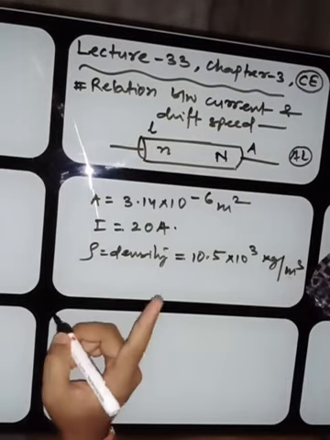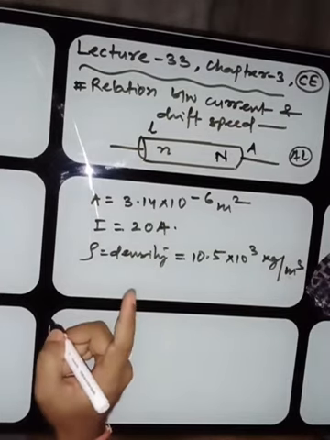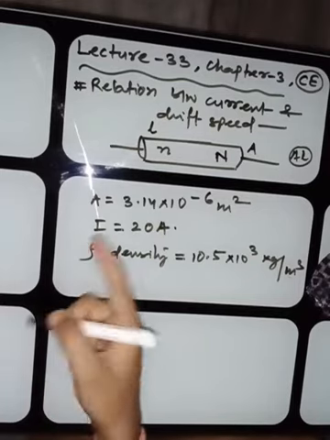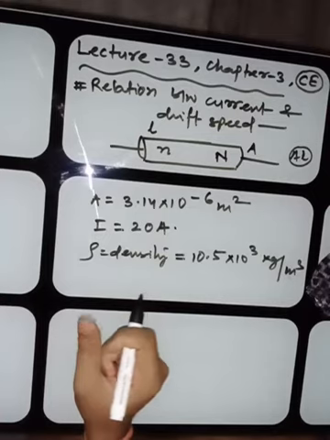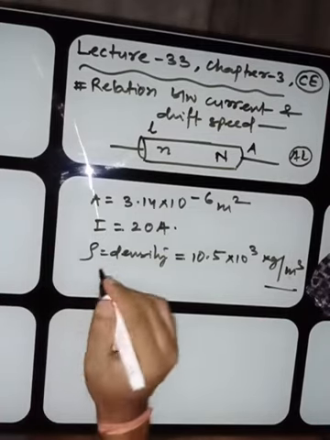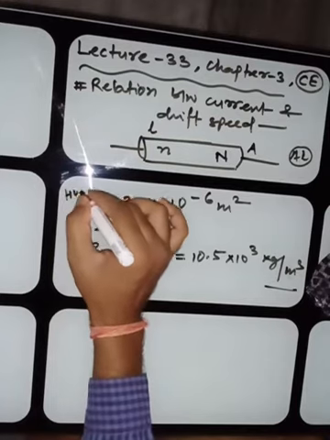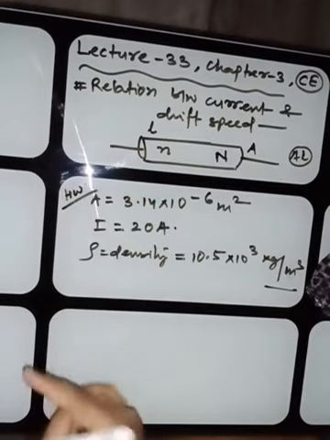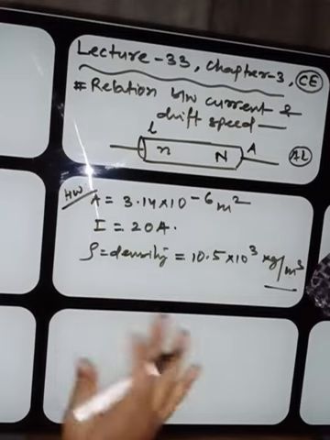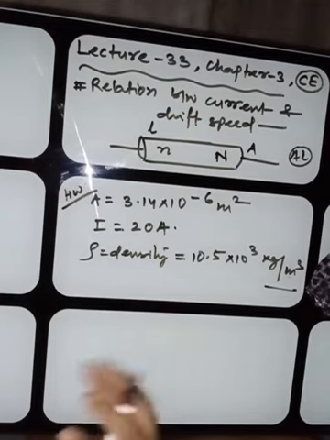The rest of the things, that is the Avogadro number and the charge on electron, you have to use by yourself. So this will be your homework. You will show me in the next lecture. This is a simple question that you have to solve.